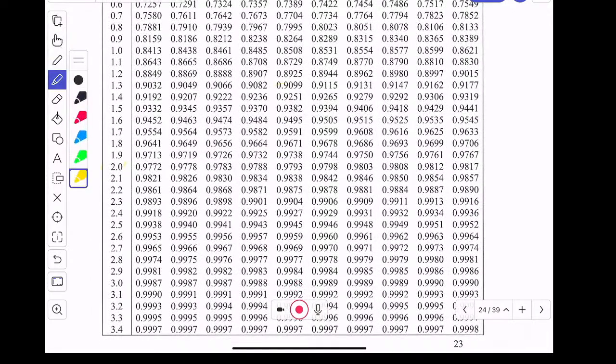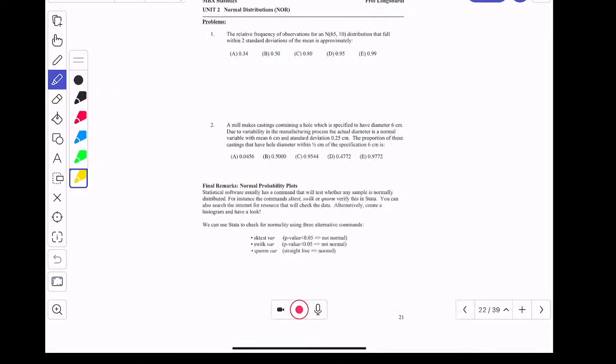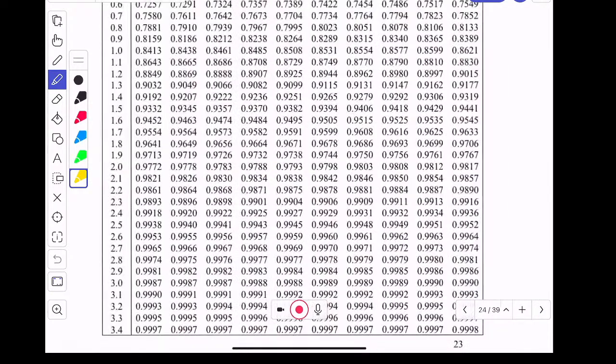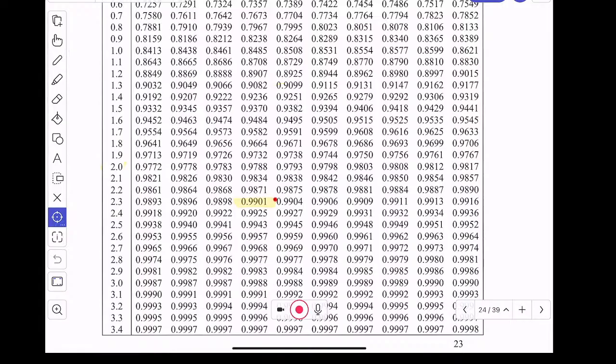If I left it marked up, you could see how many times I use this. 0.9900 is here. That's the closest one, so it's 2.33 standard deviations above the mean. Let me do that again. So it's 2.33.